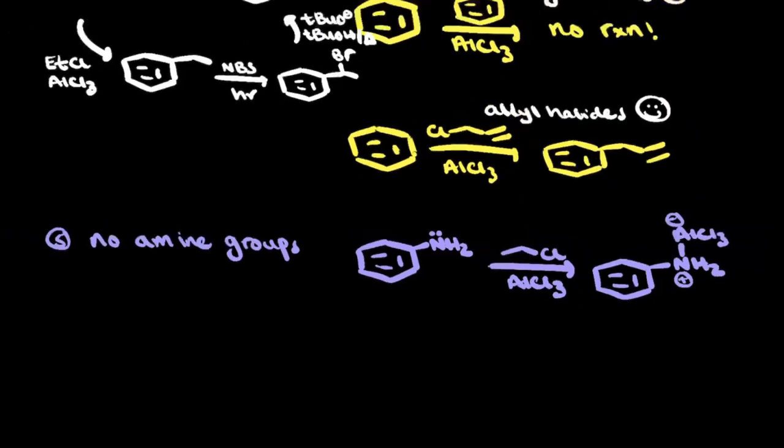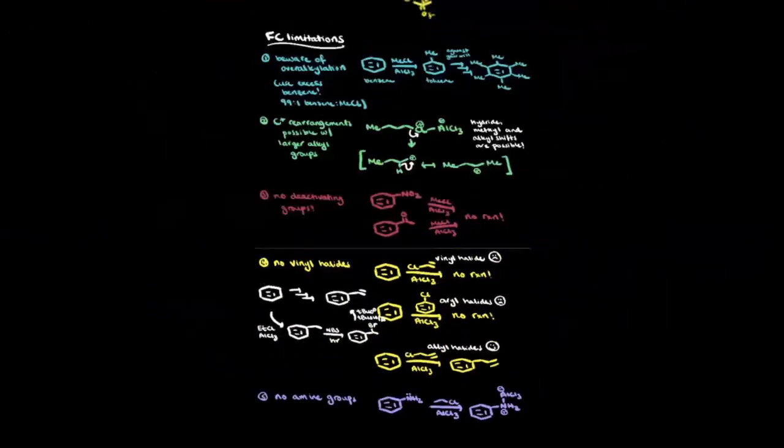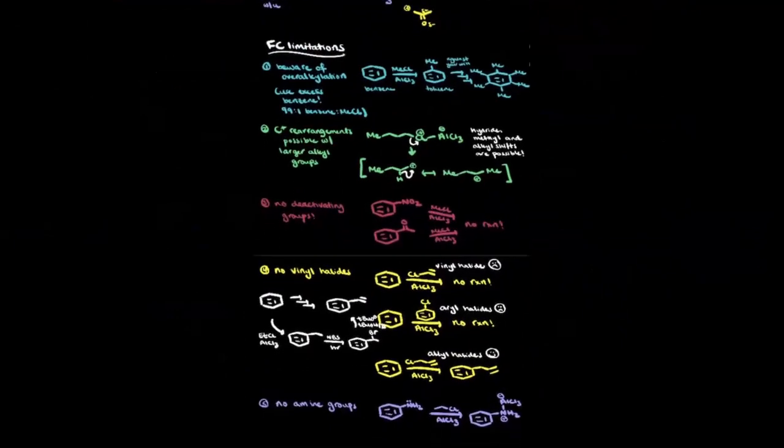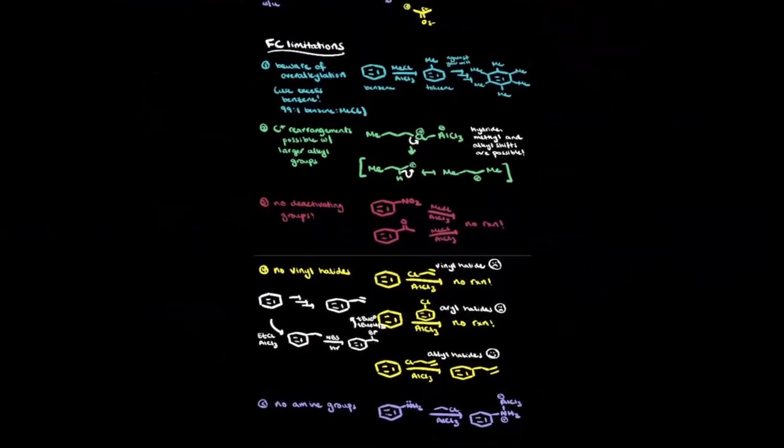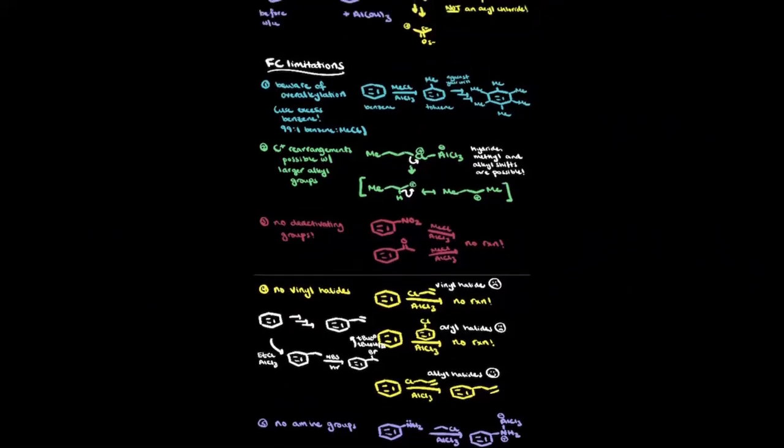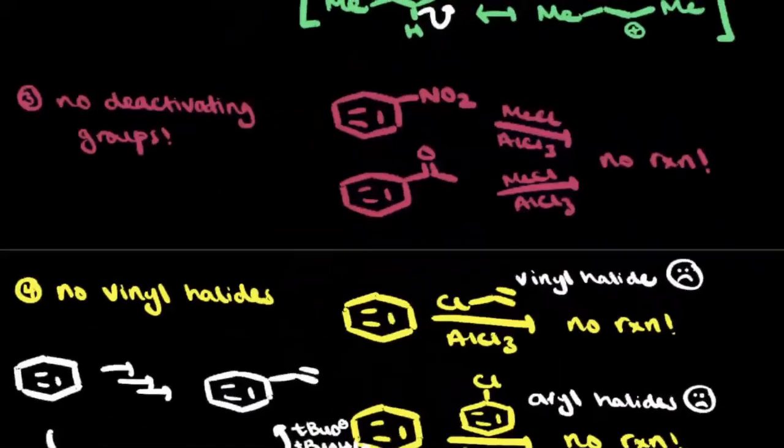Cool. So of these 5 limitations, which ones do you think also apply to acylations? There's 2. Is it the deactivating groups and the final halide?